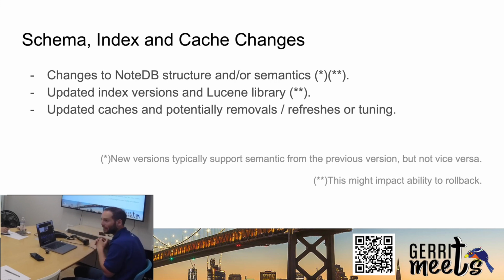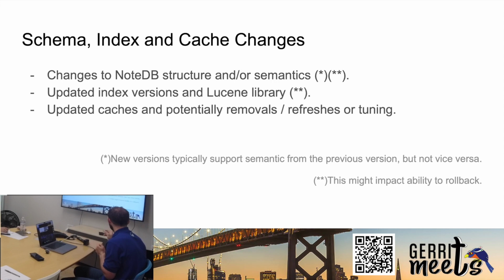But always keep an eye out. You never know. Also, if indexes have been updated, in particular the Lucene library itself, which has happened in 3.10, which means that we can upgrade from versions before 3.9. I'll talk more about that in a minute.